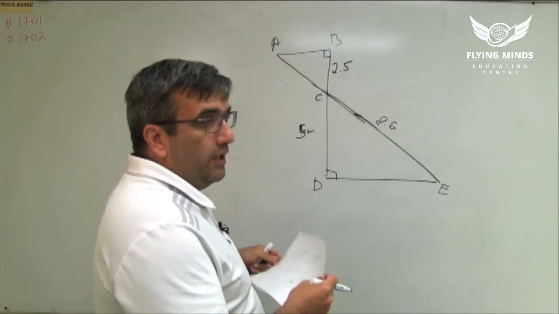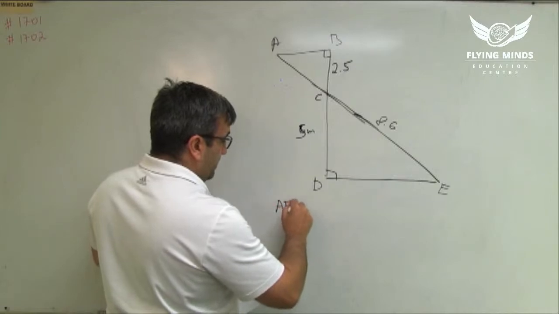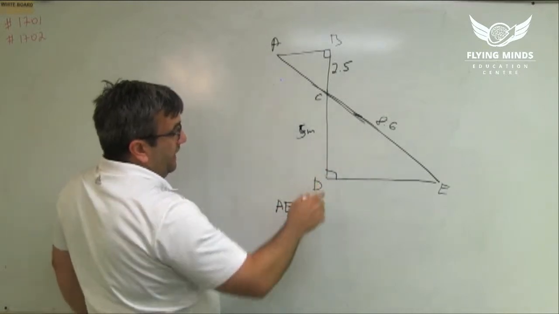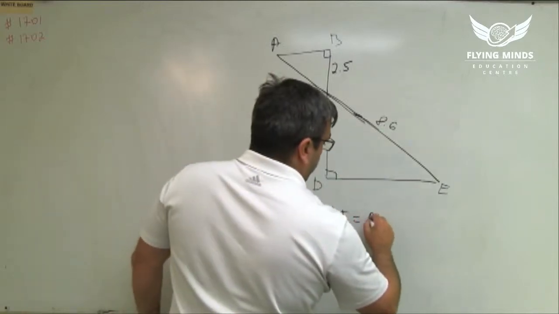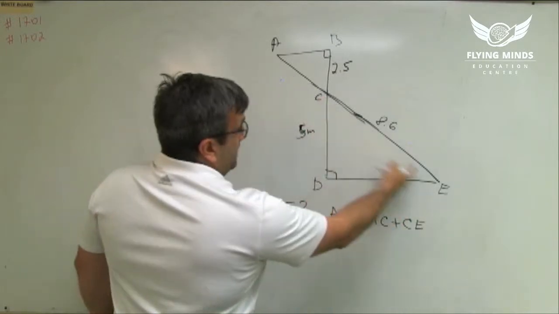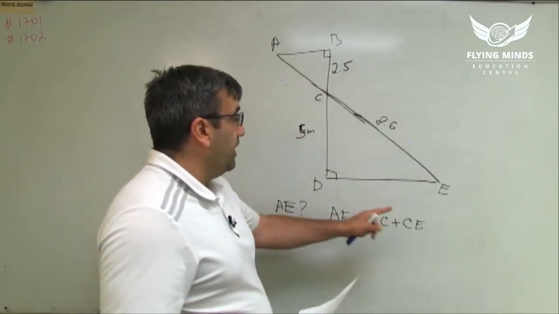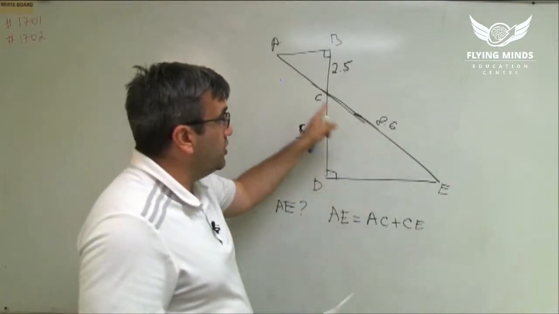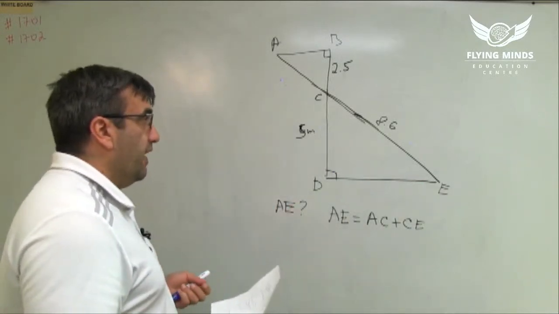We need to calculate AE, and what we can see is that AE is AC plus CE, right? This hypotenuse plus this hypotenuse. Can we figure out hypotenuse AC if we know that this triangle is similar? Yes, because we know hypotenuse CE. So what we need to figure out is the scale factor.